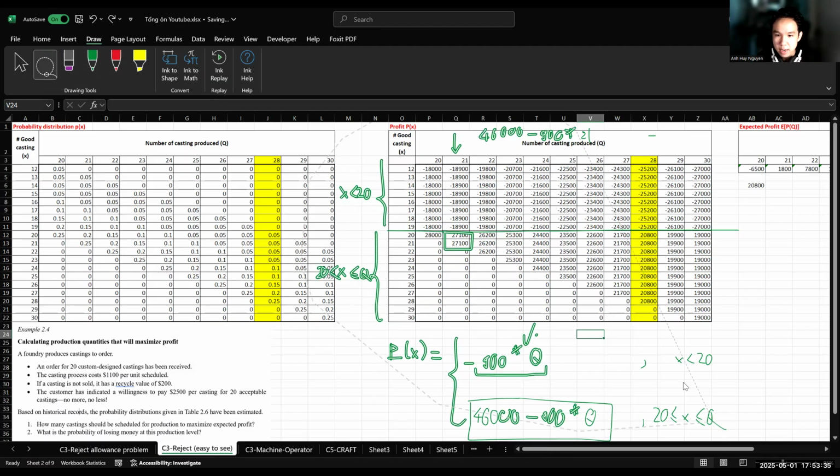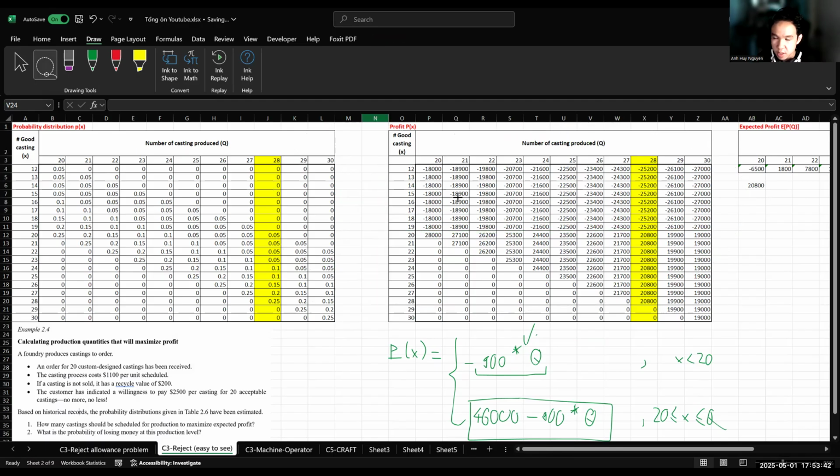So here, now you have the profit table, right? So what do you do next? You want to know the expected profit, right? Do you remember when I say that the expected profit will equal the profit multiplied by the probability for each scenario?